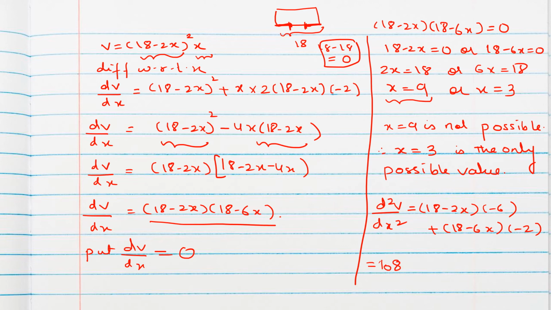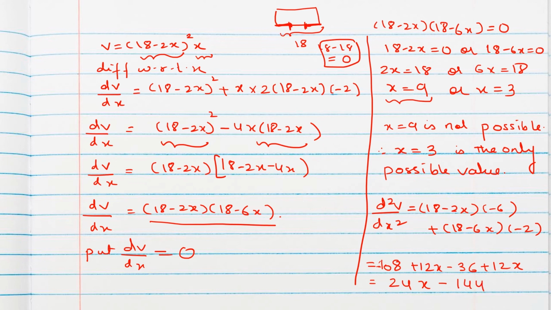So we will get 108 minus 12x minus 36 plus 12x, so 24x, and this will give 144.